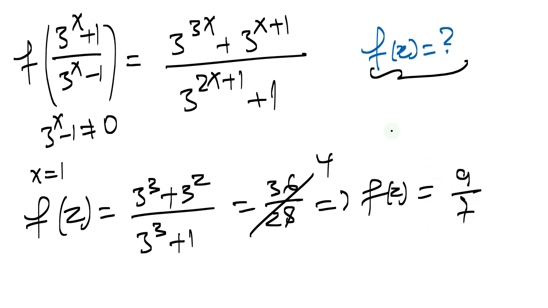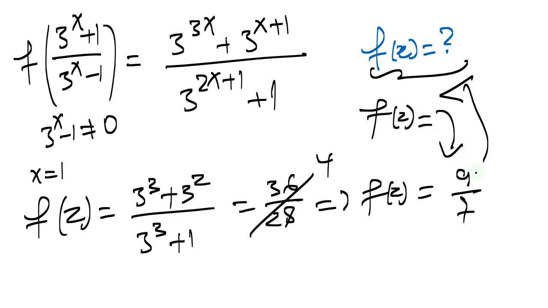Okay, it means that when we find our f of x and then we replace the x in the function, we have to find 9 over 7.